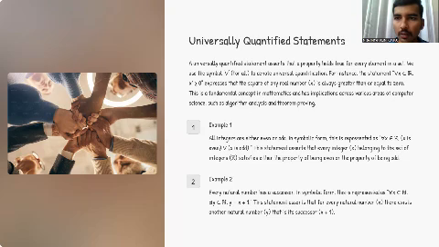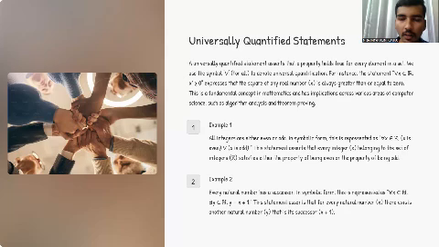For instance, the statement for all x belongs to R, x square is greater than or equal to 0, expresses that the square of any real number is always greater than or equal to 0. This is a fundamental concept in mathematics and has implementation across various areas of computer science, such as algorithm analysis and theorem proving.